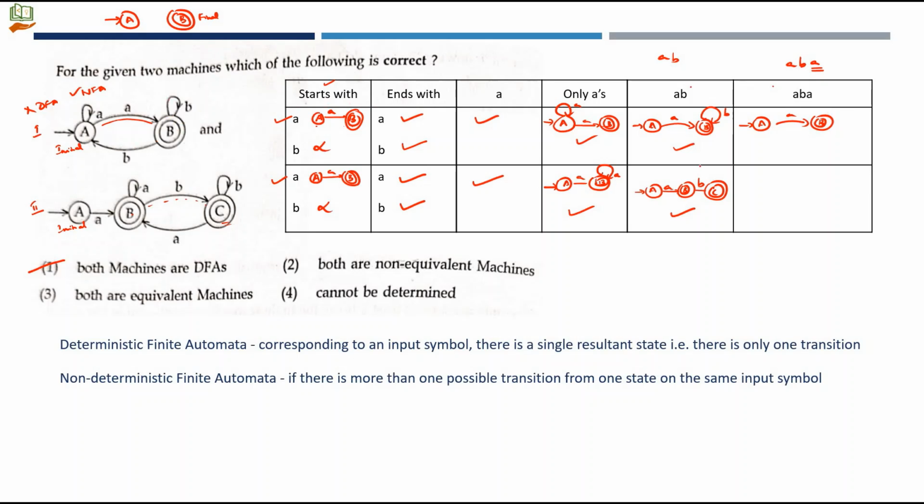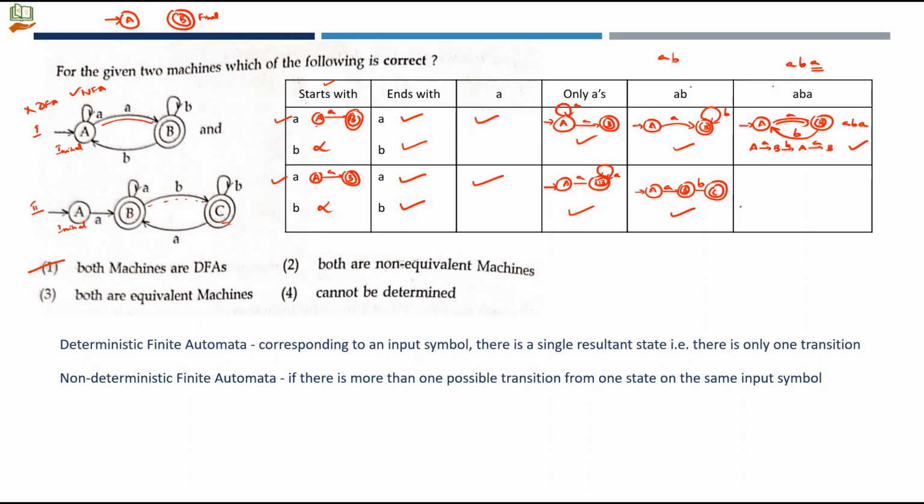So instead of the self loop, we will go for a transition again to state A with input B. This will give AB, and once again we will go from A to B for input symbol A. So A to B is A, B to A is B, again A to B will be A. ABA can be accepted because B is a final state.